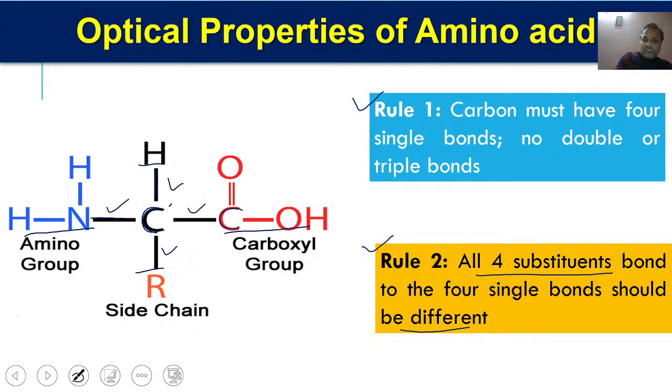Now if you go to see this carboxylic carbon, can you decide if it is asymmetric or symmetric? Is the carbon of this carboxylic acid symmetric or asymmetric, and which rule are they not going to follow? We have two rules, rule number 1 and rule number 2. Can you tell me whether this carbon is symmetric or asymmetric, and which rule this carbon is not following?